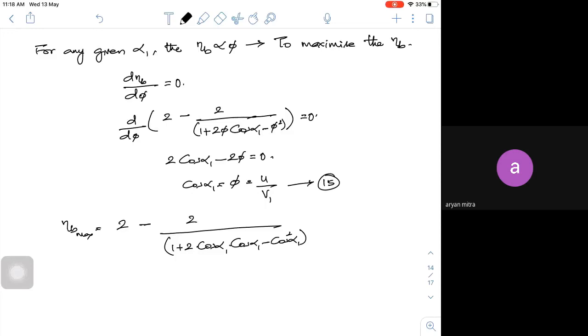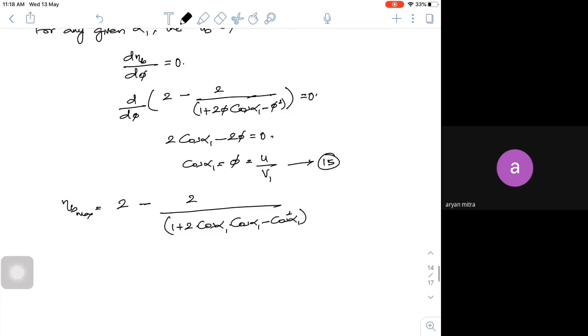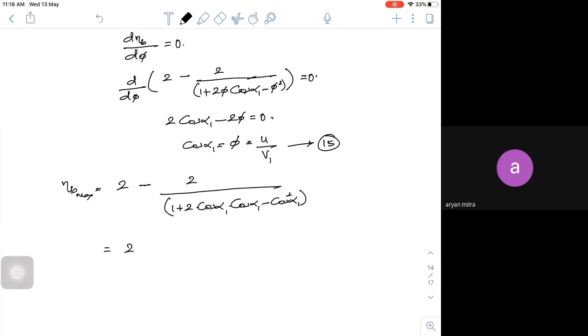So I get 2 minus 2 divided by 1 plus 2 cos square alpha minus 1 cos square alpha, leaving 1 cos square alpha 1.